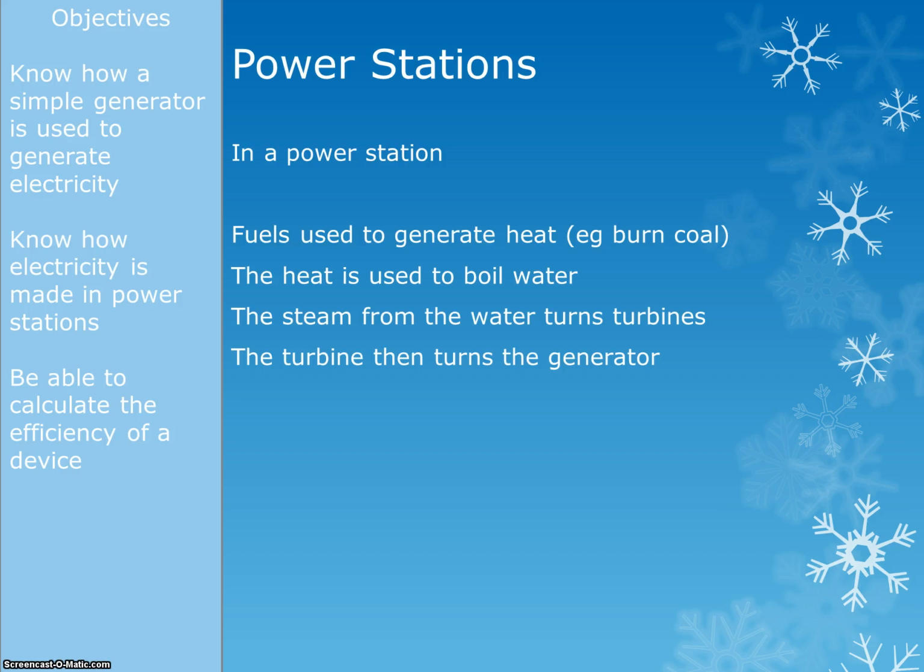So we had the fuel burning ones, so coal, oil, gas and some types of biomass. Nuclear power stations work in a similar way, but they just use nuclear energy to create the heat, which then boils water, which turns to steam, which turns the turbine, which turns the generator. And there are some types of biomass that are basically fermented and they produce a gas, most often methane.